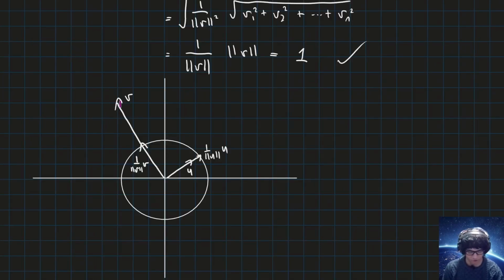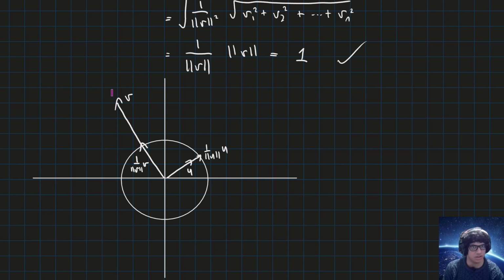So this is a picture of normalizing vectors. This is in R2, in the plane, and this circle here is the unit circle. Okay, so every vector of length 1 in R2 is on this circle. Okay, so let's think of the vector v. Suppose this is v. Then when I normalize it, it becomes this vector here, which is now of length 1, so it's on the unit circle.